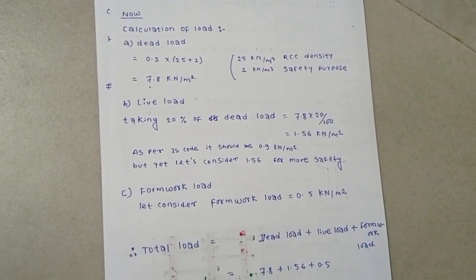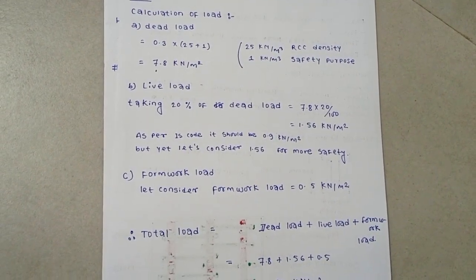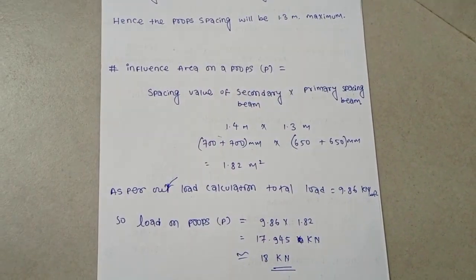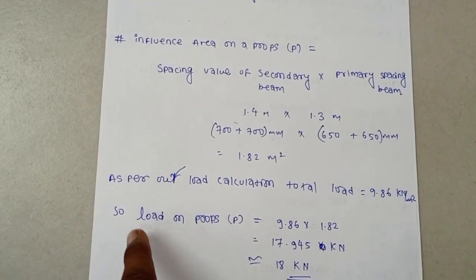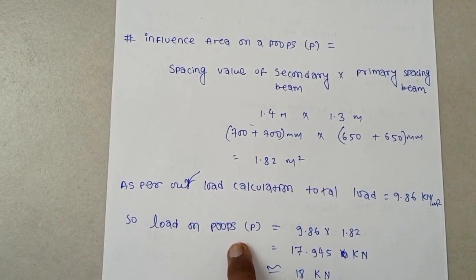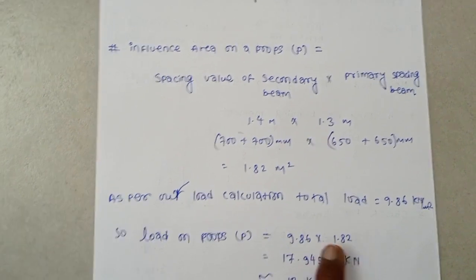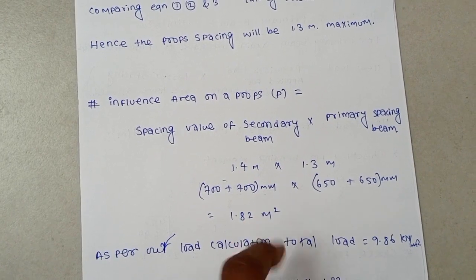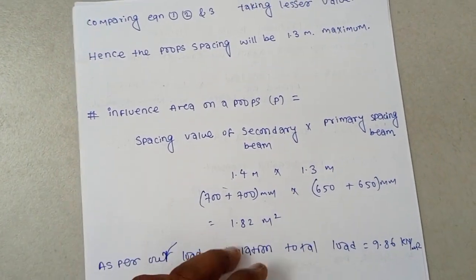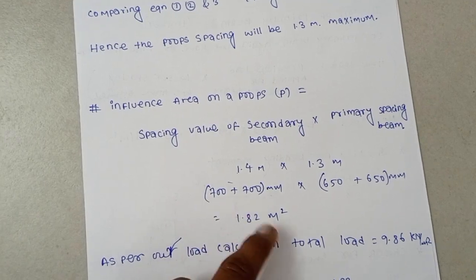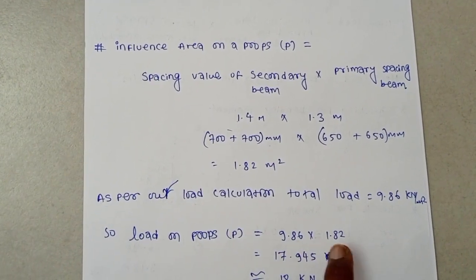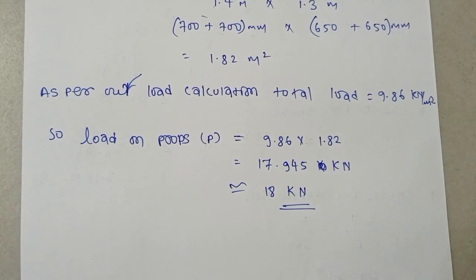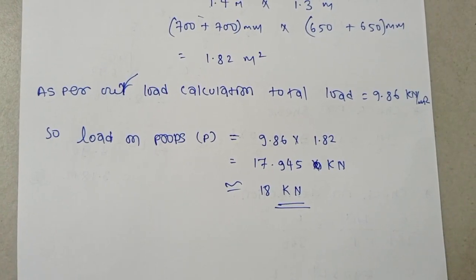The live load, formwork load and dead load, all three added, give 9.86. Hence the load on a prop is 9.86 into 1.82. The load in this area is carried by the prop, that is 1.82 meter square. Hence the total load on a prop is 18 kilonewton.